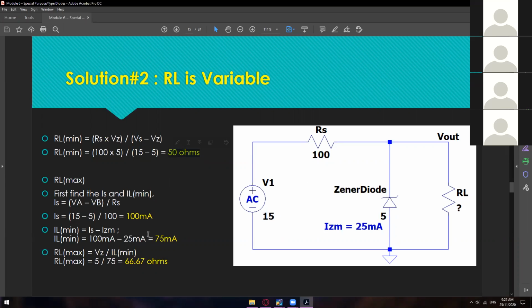And then the RL max that is allowed on the Zener diode is 66.67 ohms, which will work under the breakdown voltage. So that's how we solve for those missing variables for the RL min and RL max.